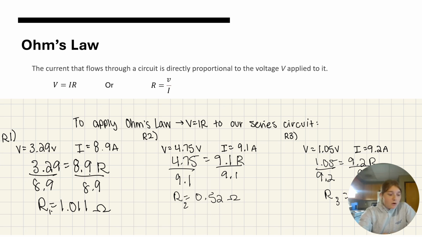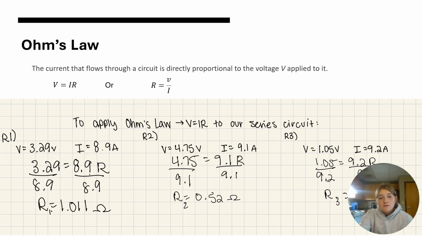So using R1, we knew that the measured voltage was 3.29 volts, and then the current was 8.9 amps. So you can put it in your equation to do 3.29 divided by 8.9, and that will equal R1. So R1 equals 1.011 ohms.